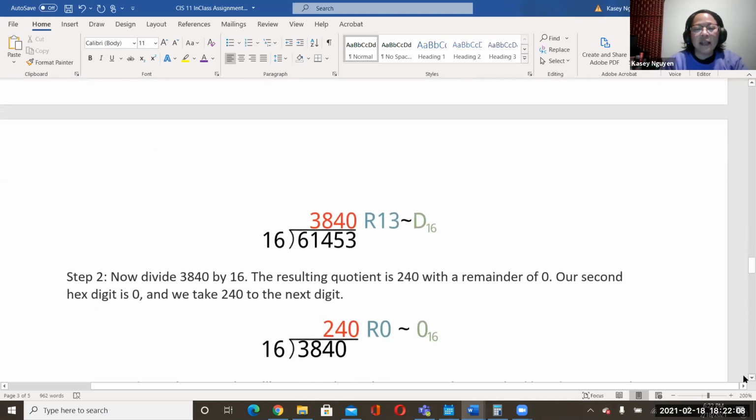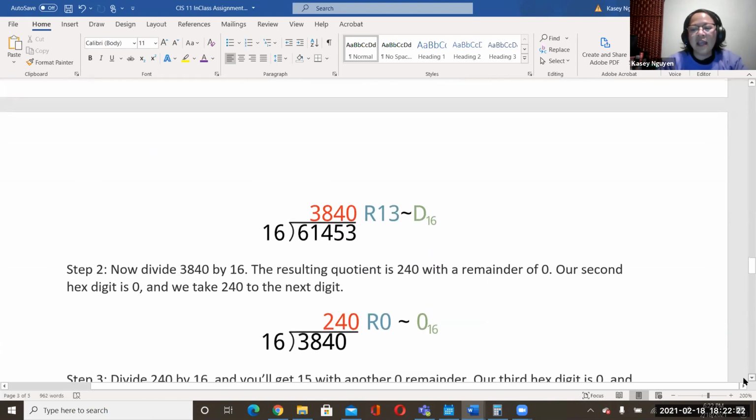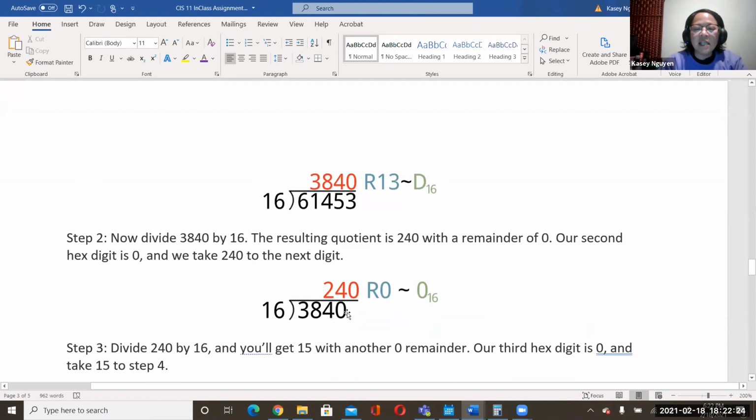Remember how we would increment the exponent? Now we're going in reverse, so we keep dividing. We take 3840 divided by 16, and we have 240 as a quotient. Because it divides evenly, you would still have to note that 0 remainder.